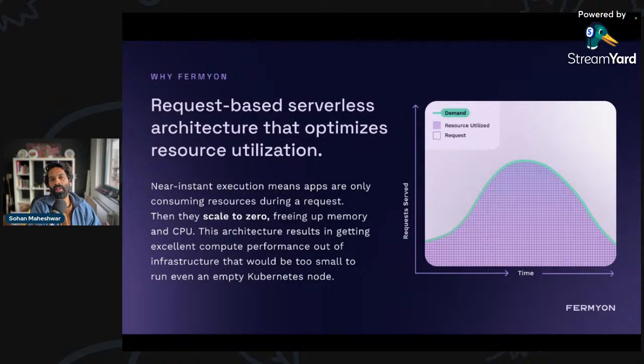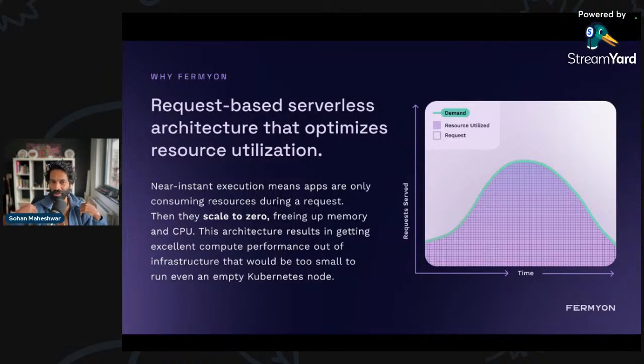And this can truly lead to a request-based serverless architecture that optimizes resource utilization. Now, if you're a small company, you're looking to save as much cost and be as sustainable and carbon neutral as possible. So you're not over-provisioning, but you're optimizing it to scale to 0. If you're a large company, these things make so much of a difference when you're doing this at the scale of millions, right?